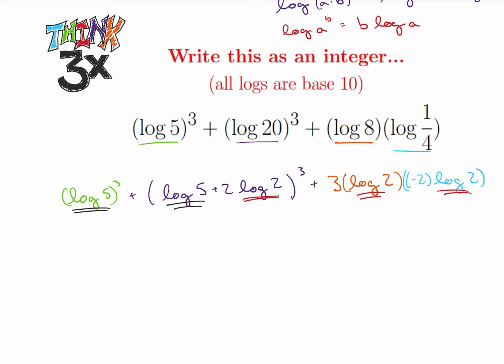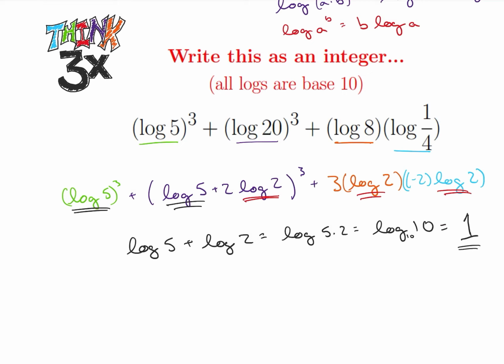Well, it's important because log of 5 plus log of 2 is equal to log of 5 times 2, which is log of 10. And remember that these logs are base 10. So 10 to what equals 10? That whole thing is just going to be equal to the number 1. So if I have log of 5 plus log of 2, it's going to be equal to 1.